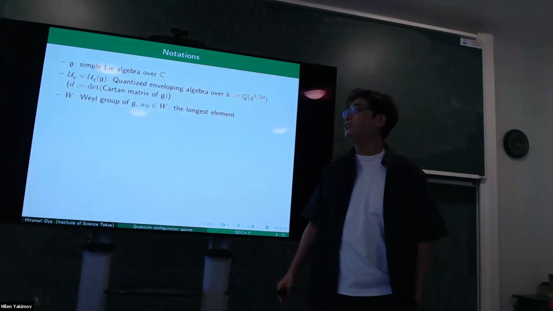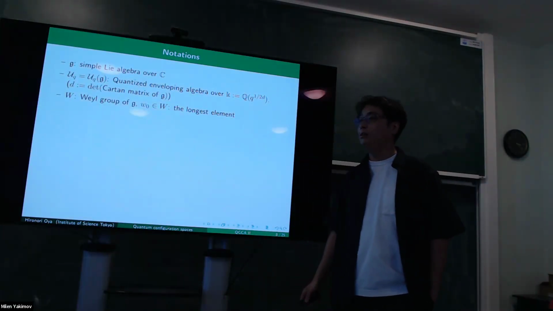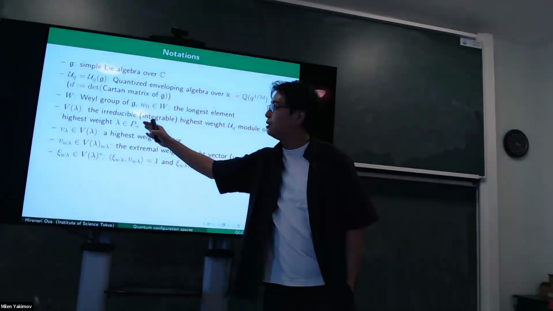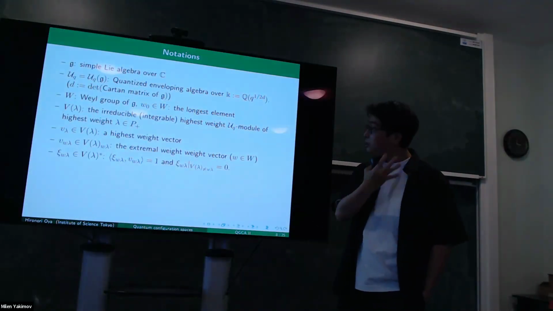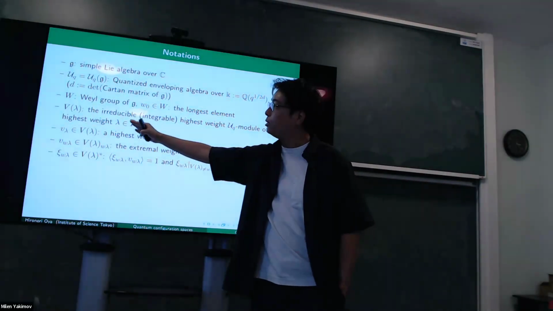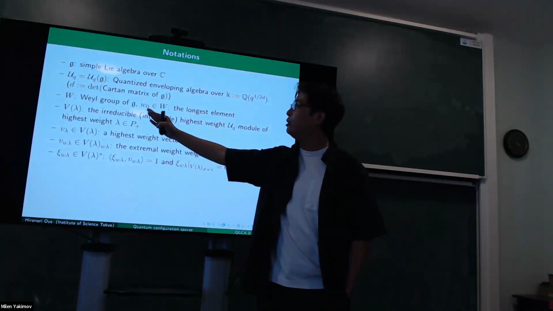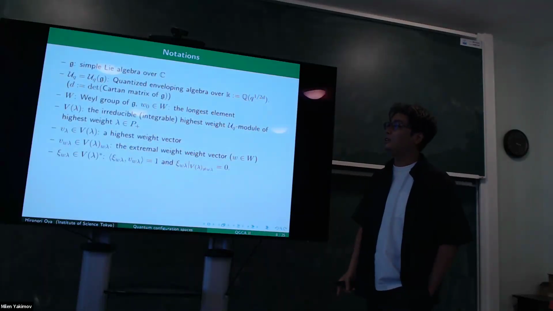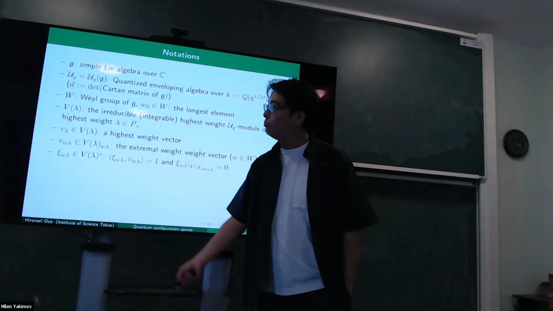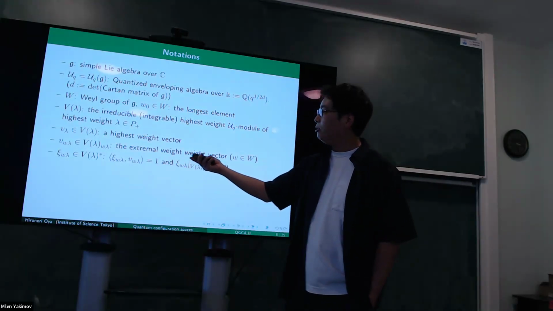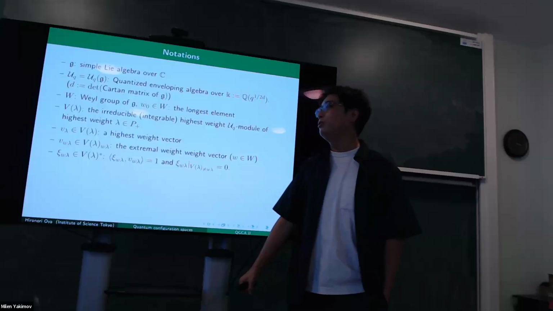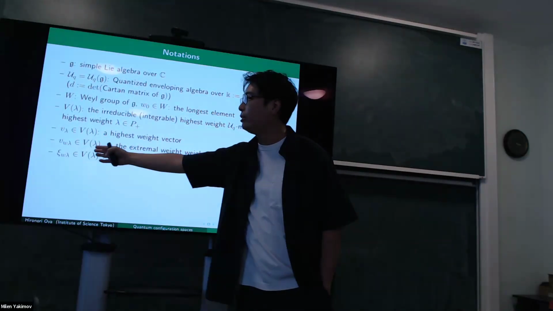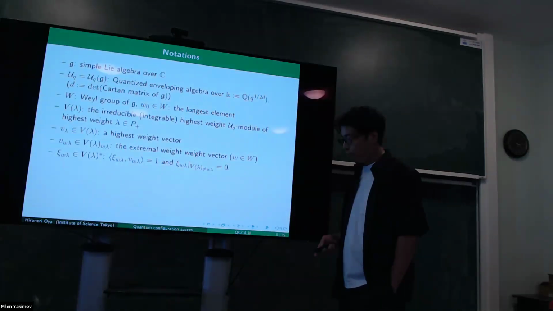Let W be the Weyl group of G, and W0 the longest element. P plus is the set of dominant integral weights, and for a dominant integral weight lambda we can take the highest weight module V lambda, with its highest weight vector. The extremal weight vector lies in W lambda, and the dual of the extremal weight vector is written as C and W lambda.